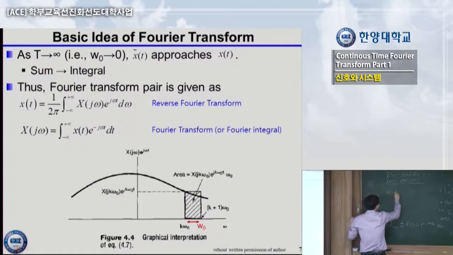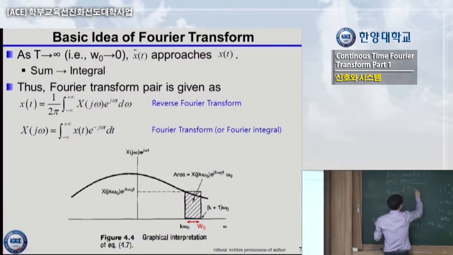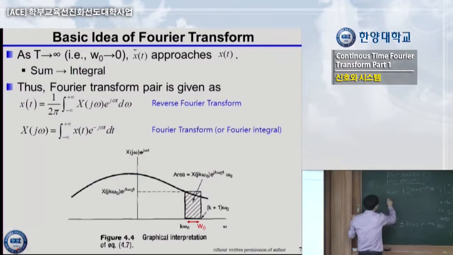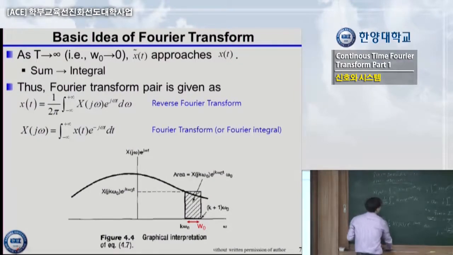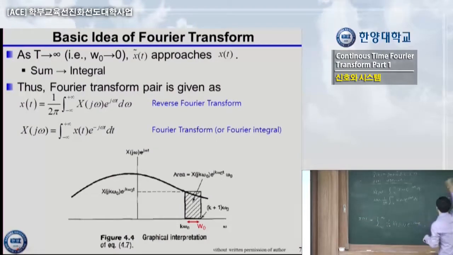The Fourier transform is given as the integral from minus infinity to infinity of x(t) e^(-j omega t) dt. In case of the inverse one, x(t) is given by 1 over 2 pi, integral from minus infinity to infinity of X(j omega) e^(j omega t) d omega. So this is the Fourier transform.